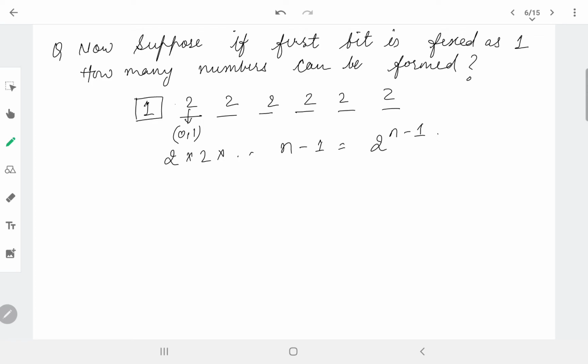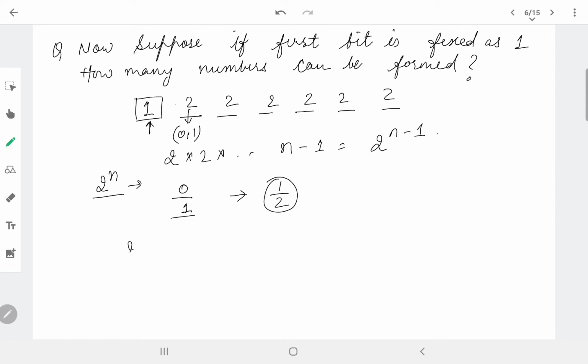But let's see this problem with respect to probability. What is the total number formed by n bits? 2 to the power n is the total number formed with n bits. And we know that at the first place either 0 or 1 can be there, but both have the same probability, right? The probability of having 0 at the first place is the same as the probability of having 1. So 1 has probability 1 by 2 of being at the first place.